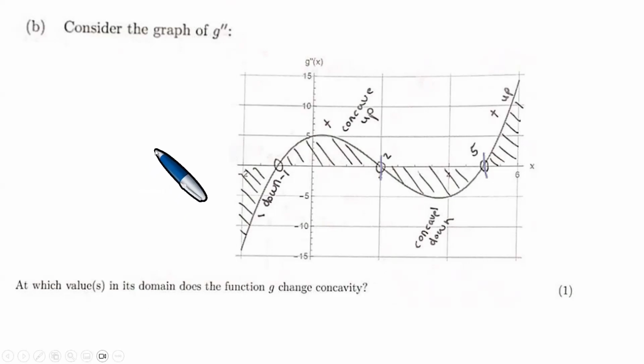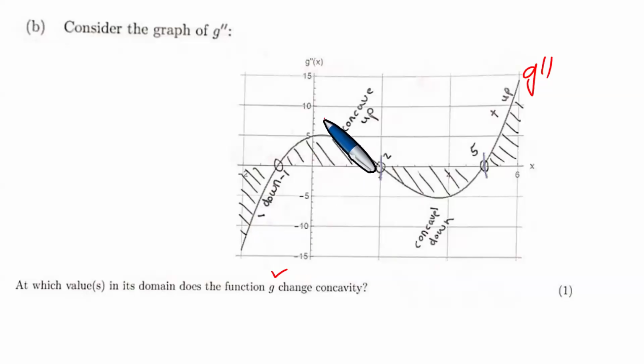We proceed as follows. This question focuses on this being the graph of G double primed, but at which values in its domain does the function G change concavity? So we're looking at concavity. Here it's concave down because the second derivative is negative.